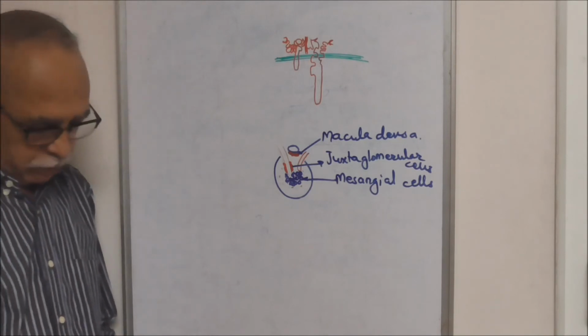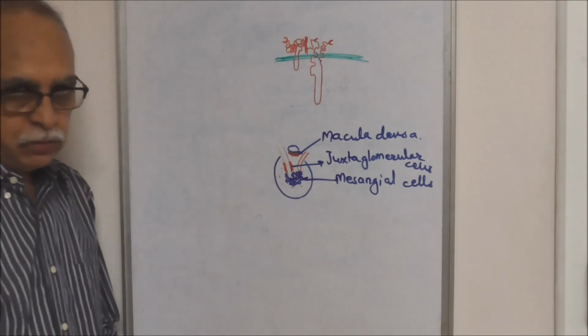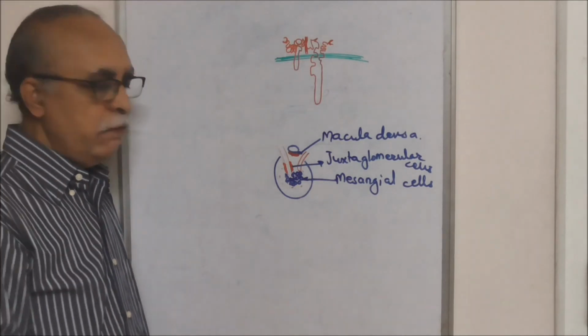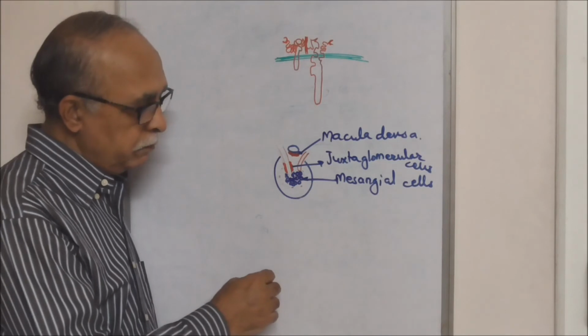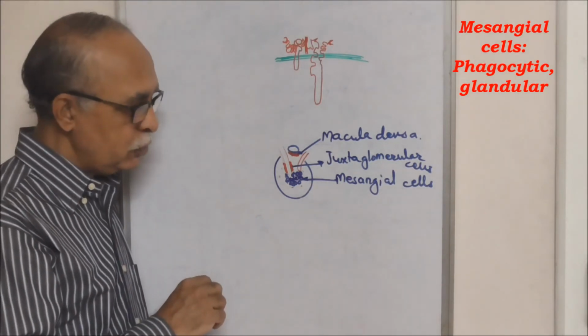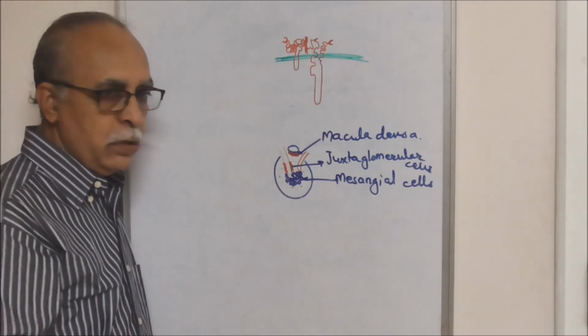Remember, all of them have unique functions to perform in the physiology of urine formation. Mesangial cells, their function is to phagocytose the particles which may be invading the process, or they could be glandular in function.